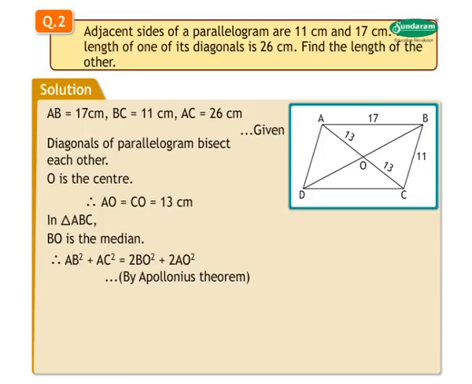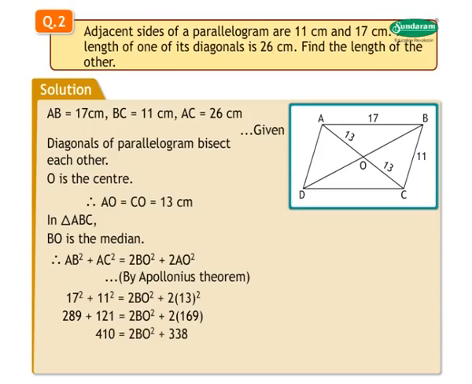By substituting given values in the equation, we get 17 square plus 11 square is equal to 2BO square plus 2 into 13 square, which is 289 plus 121 is equal to 2BO square plus 2 into 169. 410 is equal to 2BO square plus 338. 2BO square is equal to 72.